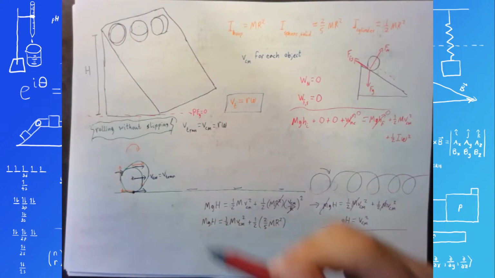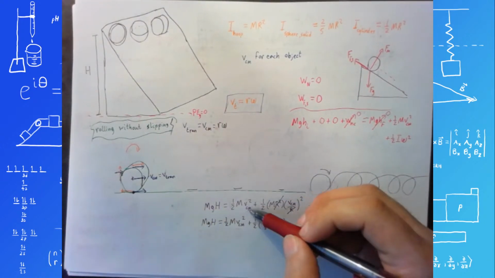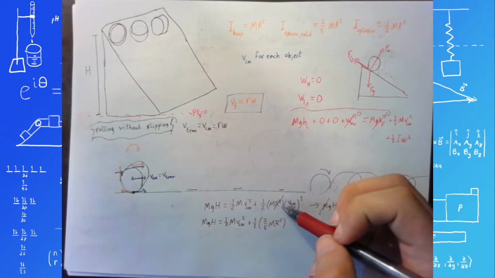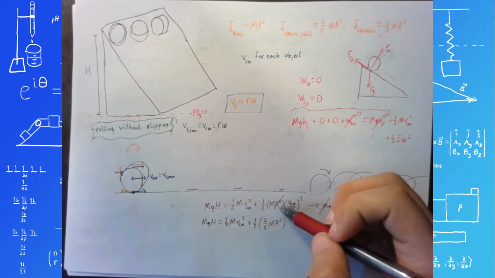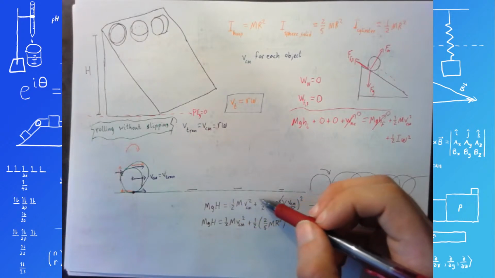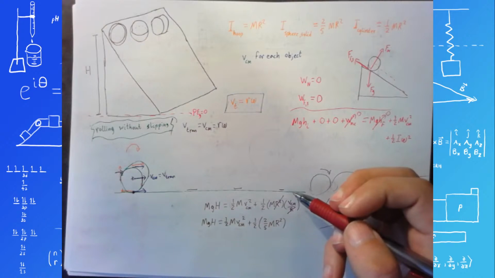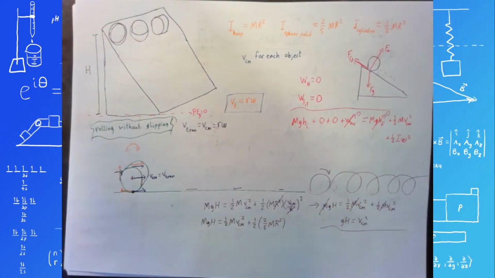Now, I should probably be naming these m hoop and V center of mass hoop and R hoop. I should probably be giving these masses and radii their own different names so that I'm not assuming that they're all equal, but it doesn't matter.